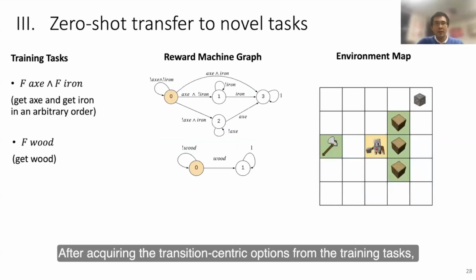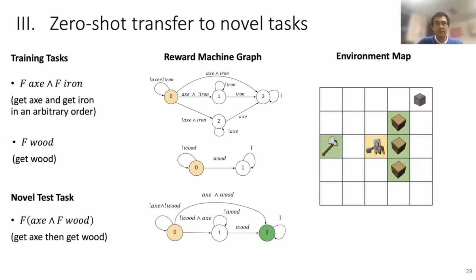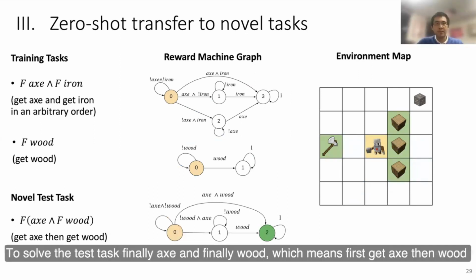After acquiring the transition-centric options from the training tasks, we can use them to solve a wide variety of novel tasks in zero shot. To solve the test task, finally X and finally wood, which means first get X, then wood.